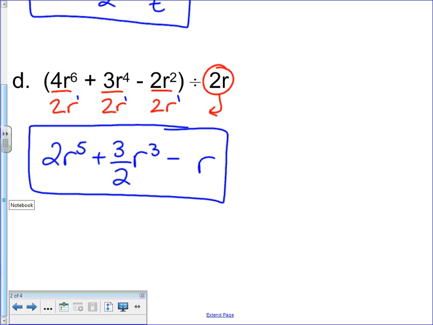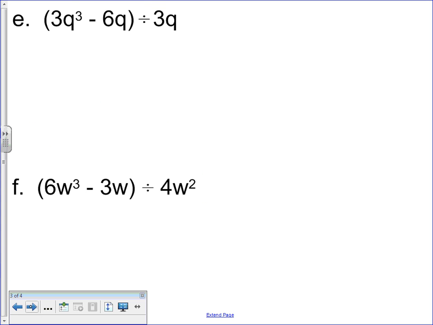All right, last slide. If you'd like to try these two, go ahead and pause here and try to complete these on your own. All right, so I'm going to divide everything by 3q. 3q, 3q. 3 divided by 3 is 1.